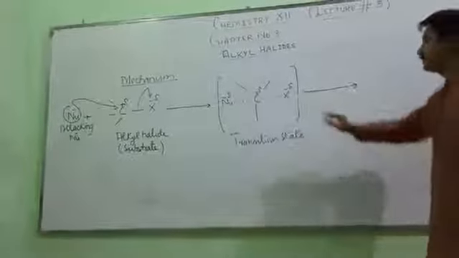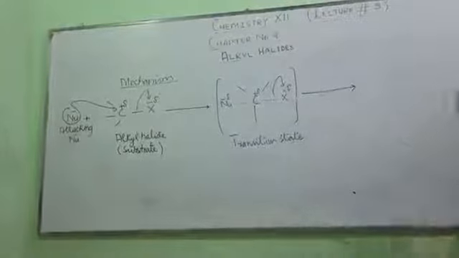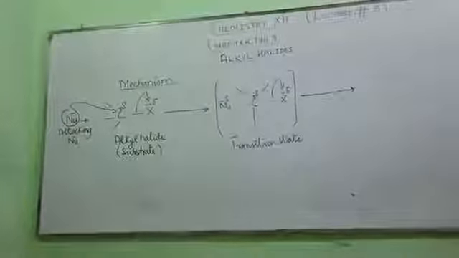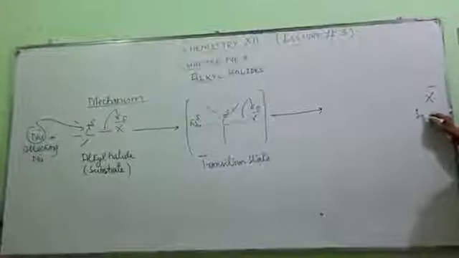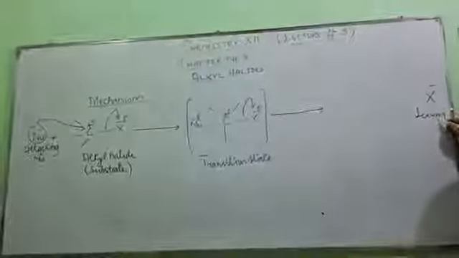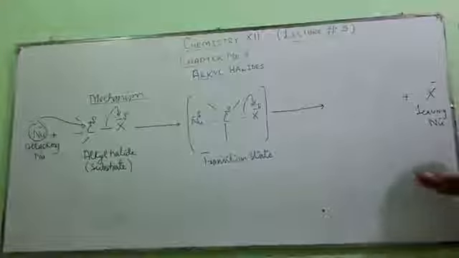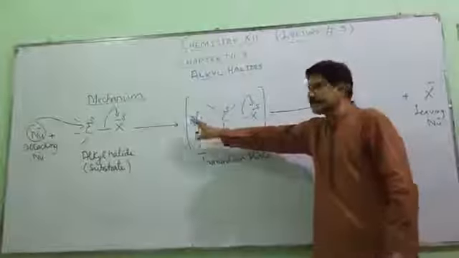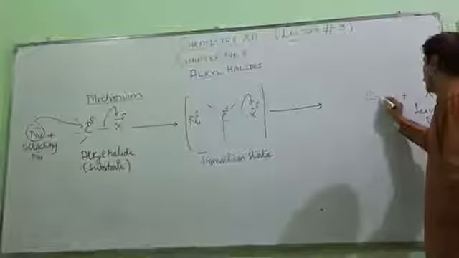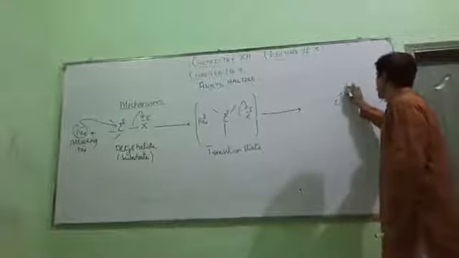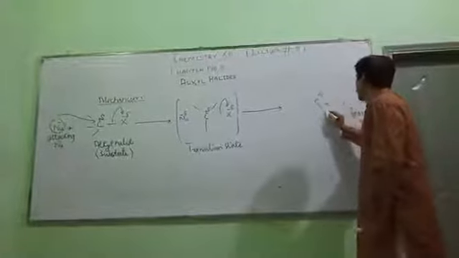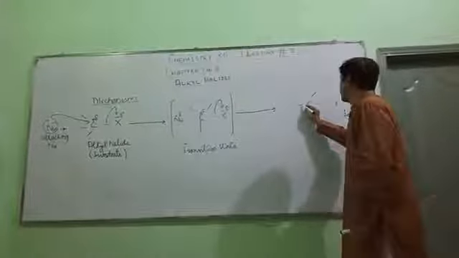Ultimately, what happens? The halogen atom will break its bond with the carbon atom, and it is said to be the leaving nucleophile now, while the bond between carbon and the attacking nucleophile will become permanent.